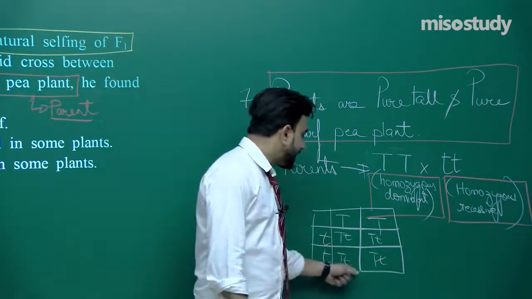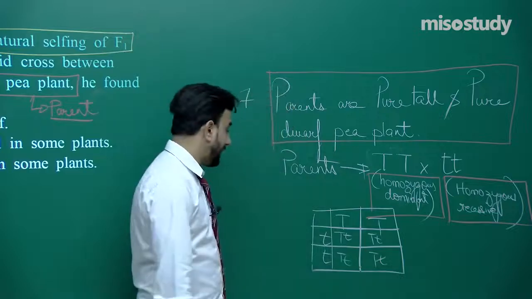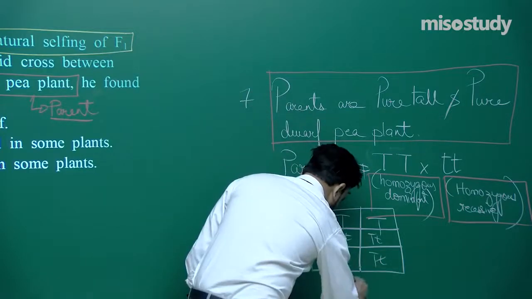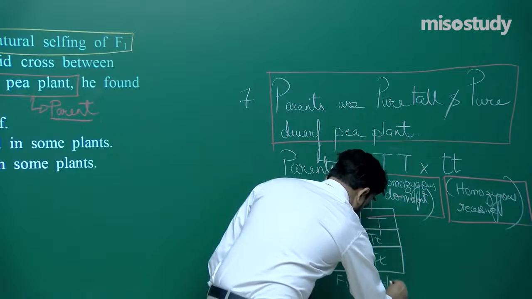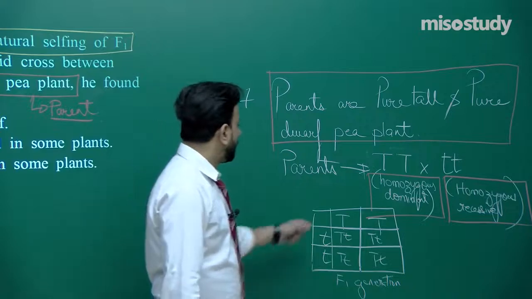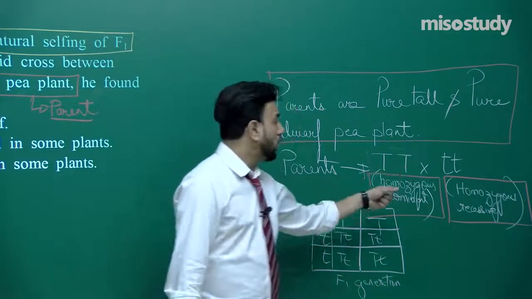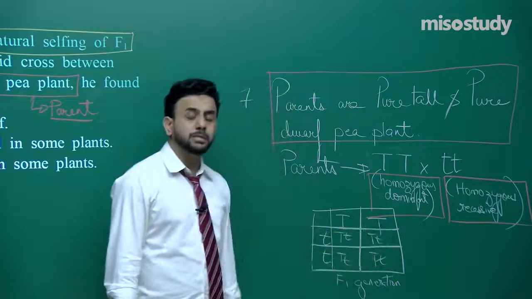So a heterozygous condition, but all will be dominant, all will be tall in the F1 generation. This is the F1 generation, right? Homozygous tall, homozygous recessive, then we will see the gametes and we will cross them.